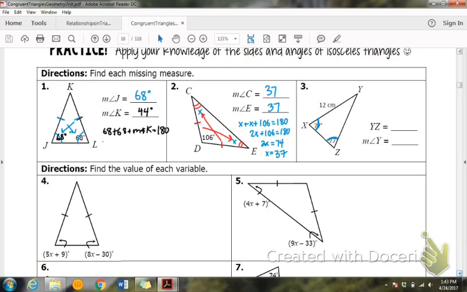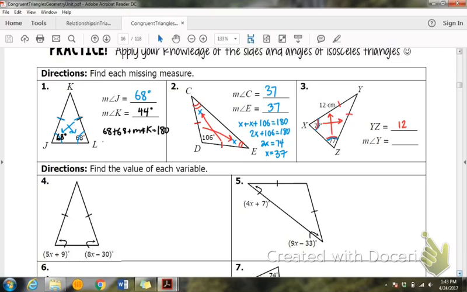If those two angles are congruent, that means the sides across from them are congruent. So if XY is 12, how much is YZ? 12. Because the sides across from the angles are also congruent. And then we could figure out angle y, which is what we've been doing all along.